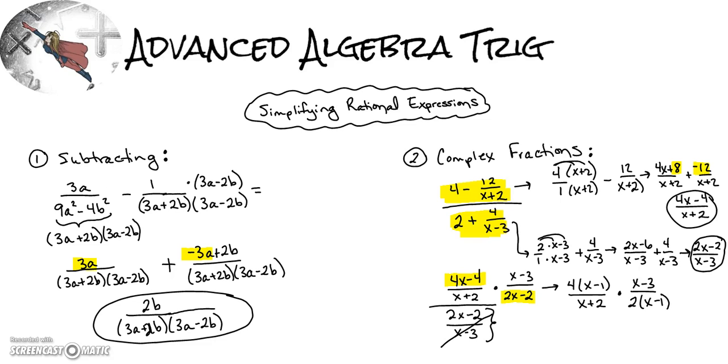Now if you notice, the x minus 1 that's here and here can cancel. This 2 right here could reduce this 4 to a 2, and then I can rewrite my final answer. So I will have 2 times x minus 3 over x plus 2. And that's my final answer for that one.